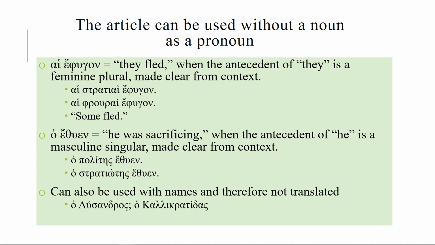Like the city known as The Hague, right? They have the city known as the Piraeus, which is the harbor city of Athens, but they also do this with names a lot. You don't have to have the article with names, but they often do. Sometimes it's very helpful for reasons we'll get into when we get a little further along, but most of the time you just ignore it in this situation. We don't say "the Lysander," we say Lysander, okay?